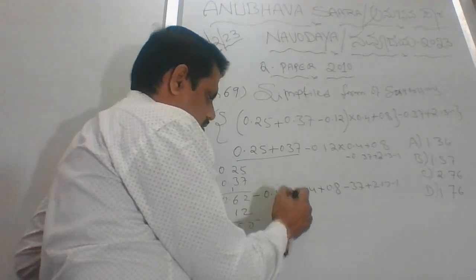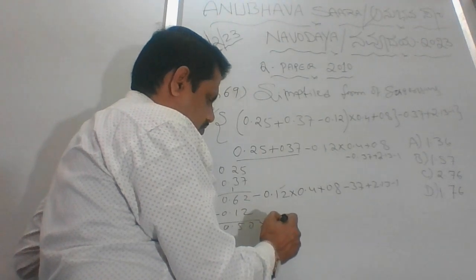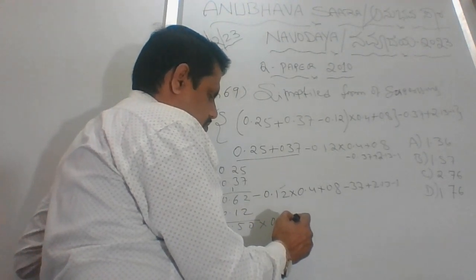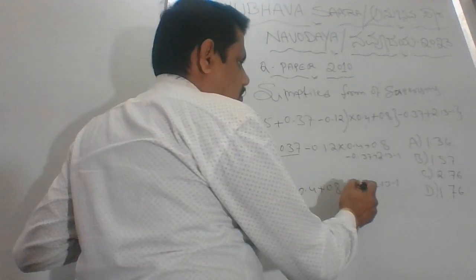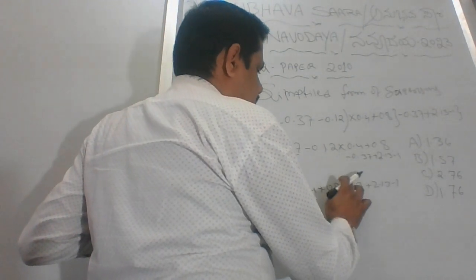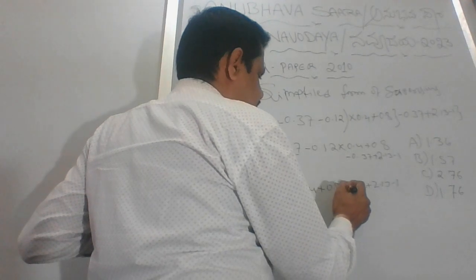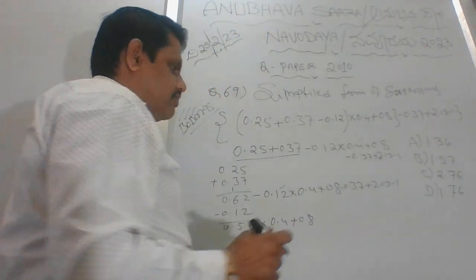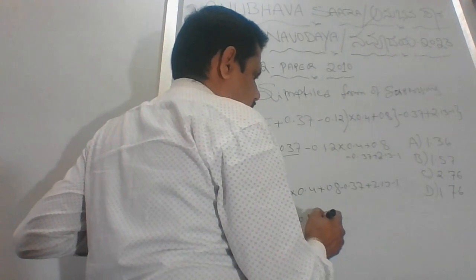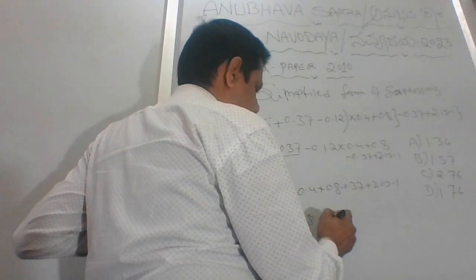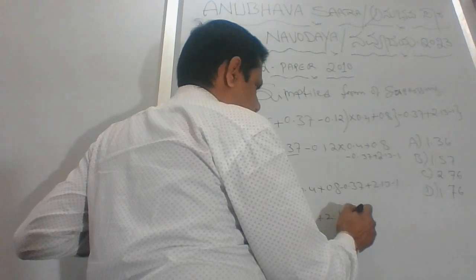So this is over. Now we multiply with 0.4 plus 0.8, minus 0.37 plus 2.13 minus 1.